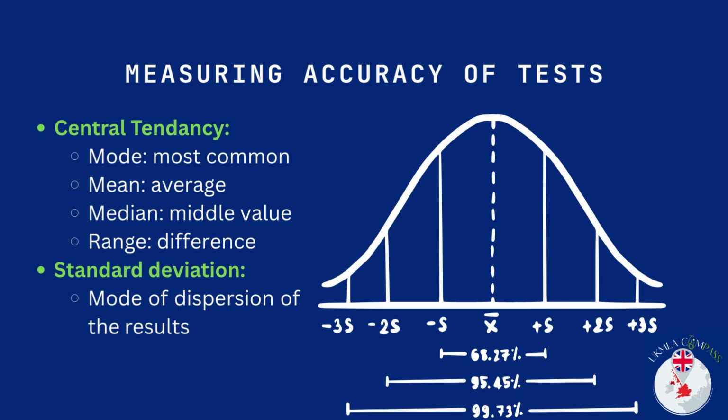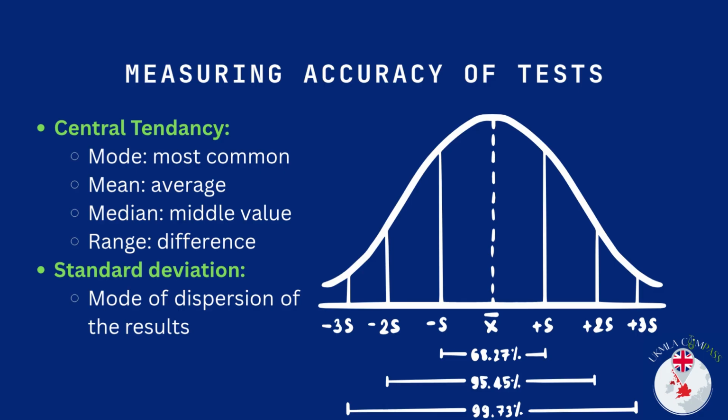This is the percentage of the results in which we should see the first, second, and third standard deviation to say that these are accurate ranges of random blood sugar levels, for example. In interpretation of tests that include results that have been plotted on a graph, we usually calculate four numbers.